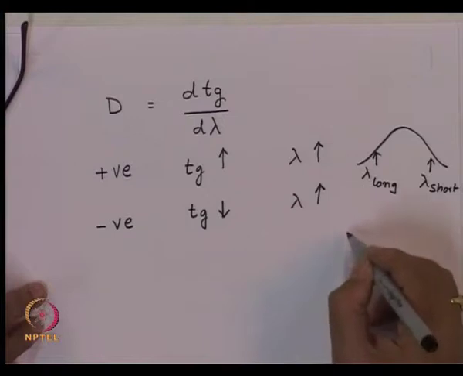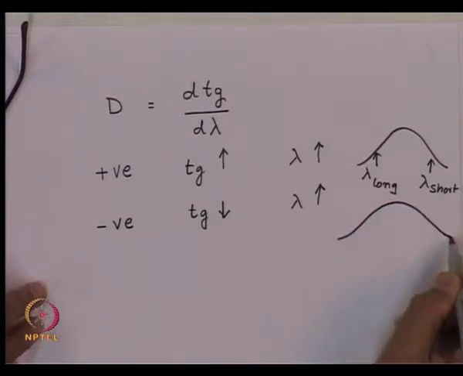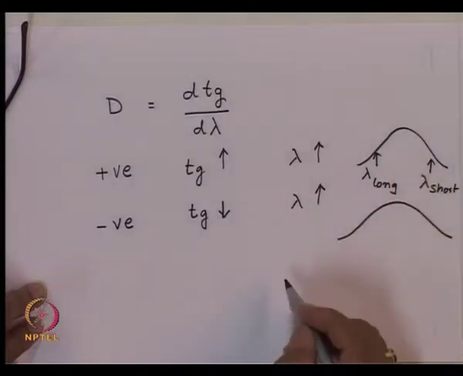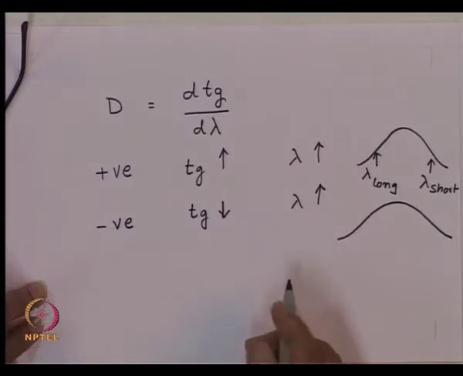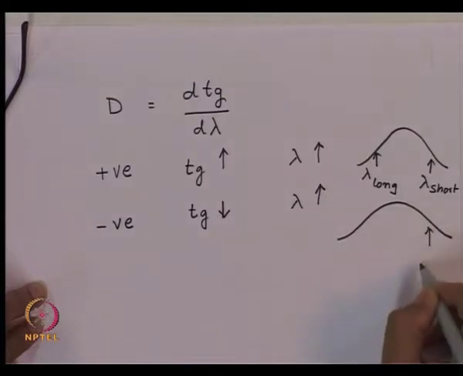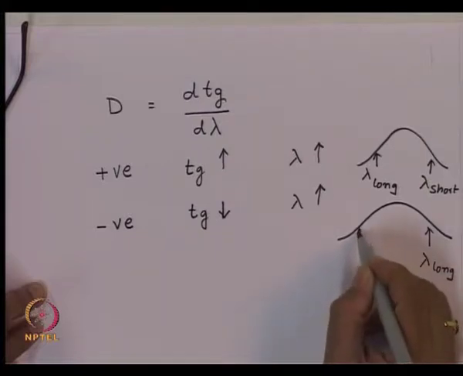If you take a negative dispersion, then exactly opposite would happen. Again, as far as the envelope is concerned, it will be exactly identical to this. So you will again get a pulse broadening exactly by the same amount. Only thing is now lambda longer will come here and lambda shorter will go here.